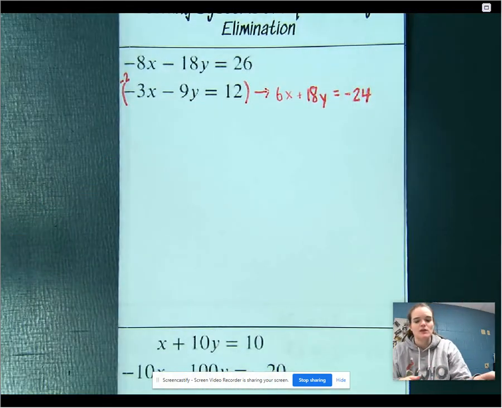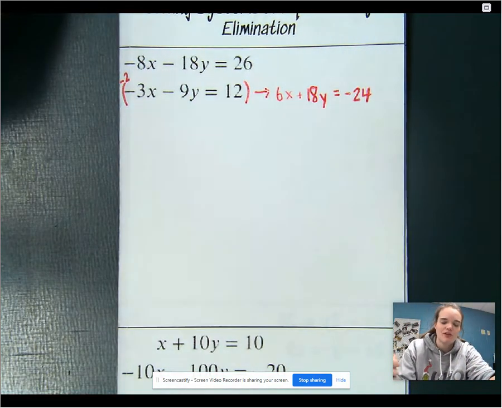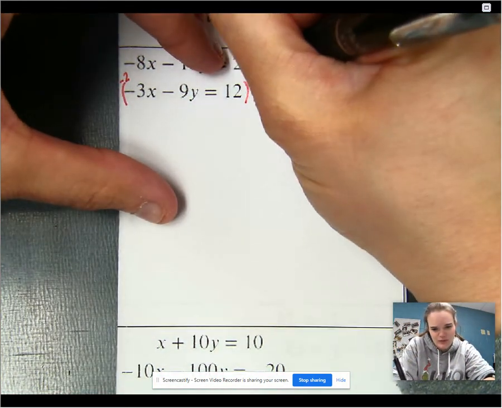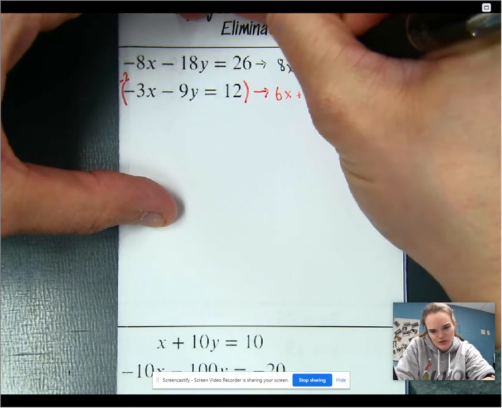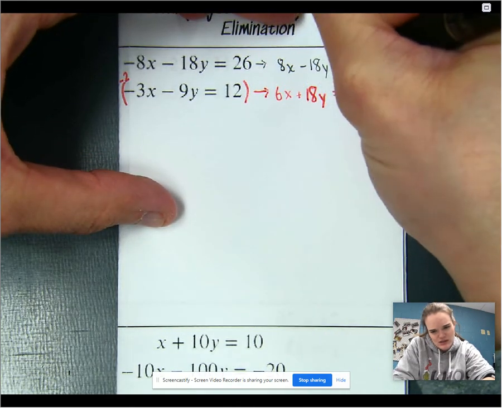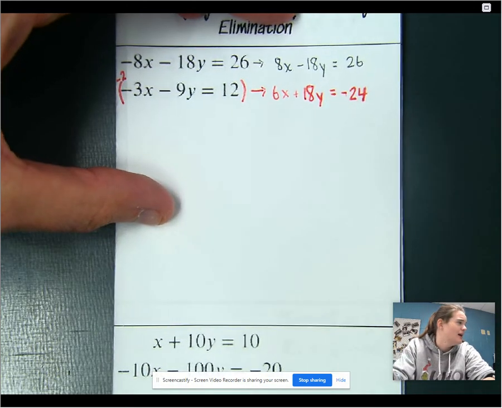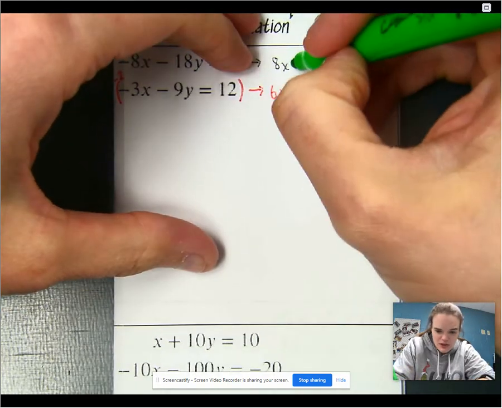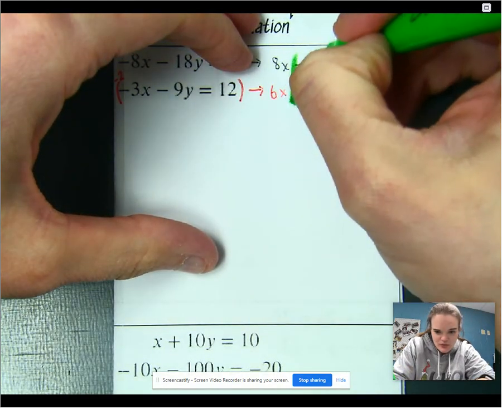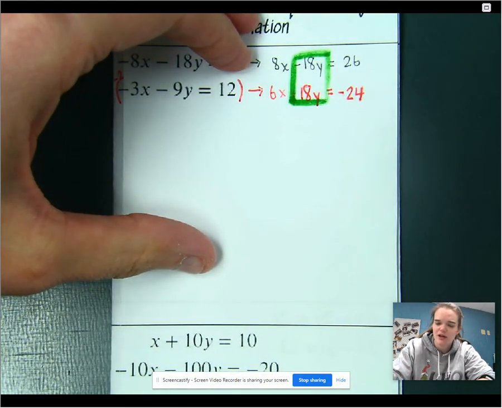Something you need to do every time is bring over the top one, or whichever one you did not change. Sometimes we'll be changing the top one, you never know. Now I do have something that we'll cross out because they have the same variable, opposite symbols. That is what I will be crossing out.